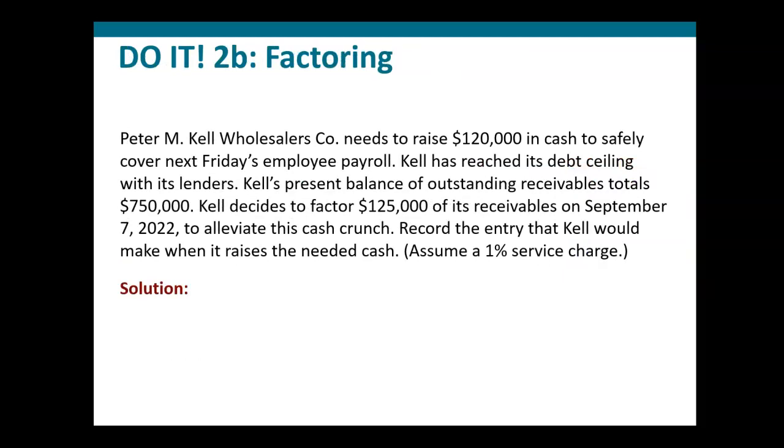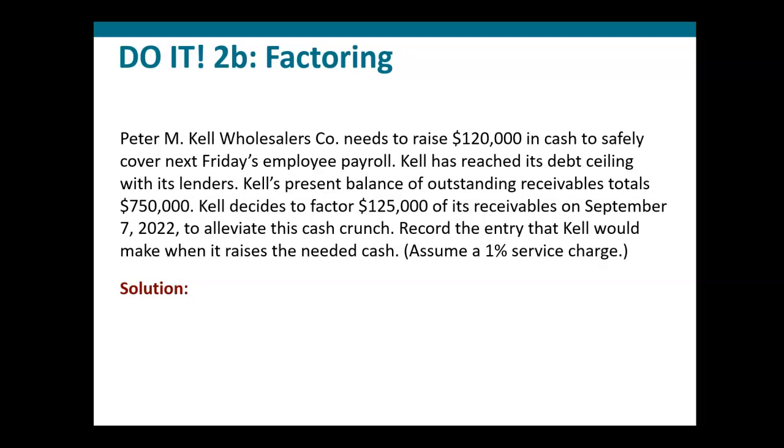This company needs to raise $120,000 to cover next week's payroll. So it's reached its debt ceiling with its lenders. All this sounds like bad stuff to me. Its balance of outstanding receivables is $750,000, and it decides to sell $125,000 of it and pay a 1% service charge.